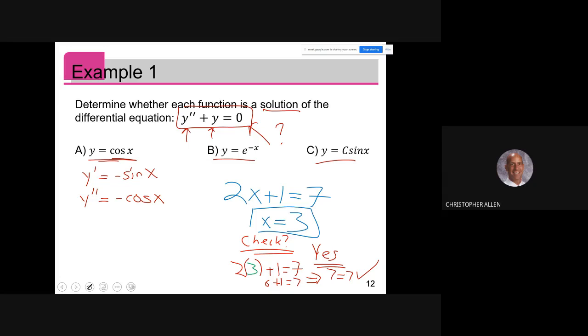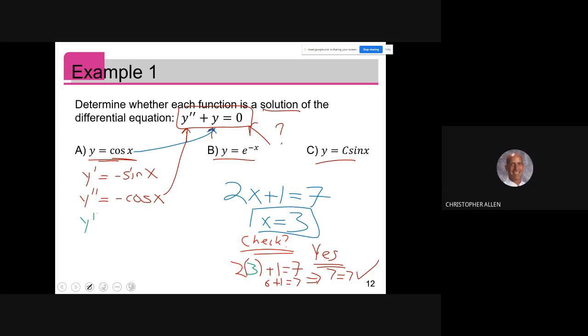Guys, I'm going to do the exact same thing for this calculus-y problem, this differential equation. Guess what I'm going to put in for y double prime? Negative cosine of x. Guess what I'm going to put in for y? The cosine of x.